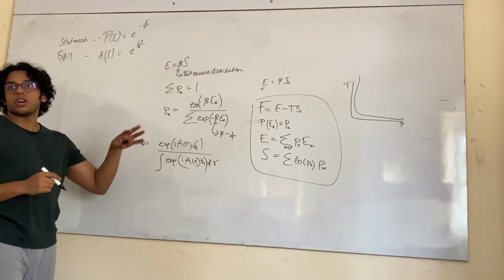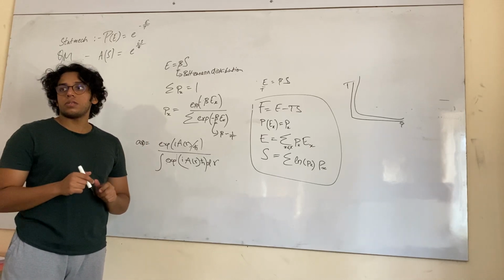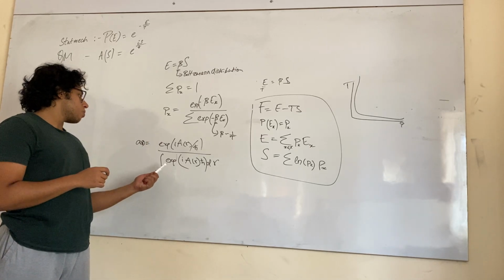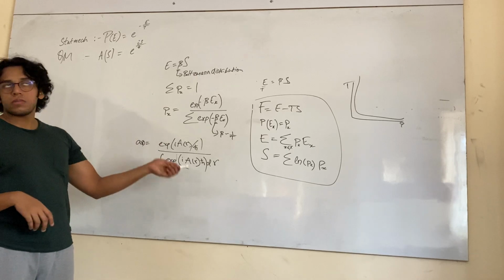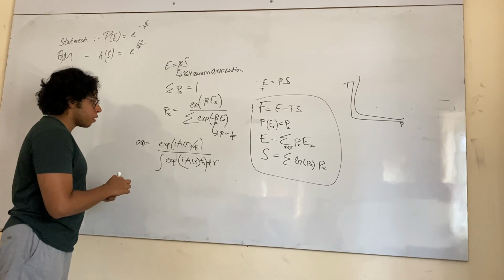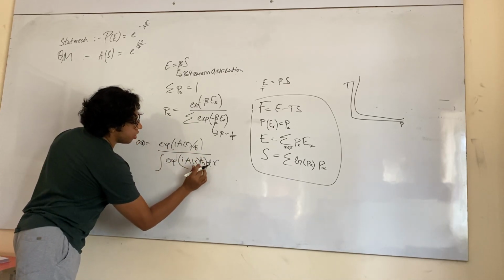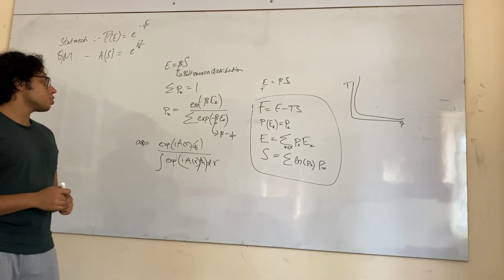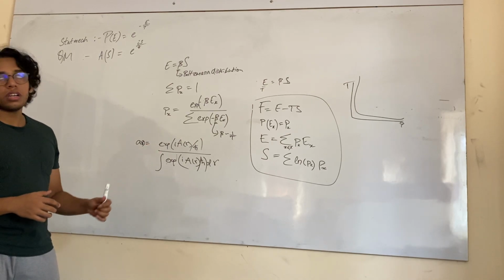Since gamma is continuous, that is an integral over d gamma. The action itself is continuous. So it's still h bar in the denominator. So this is the action, right?